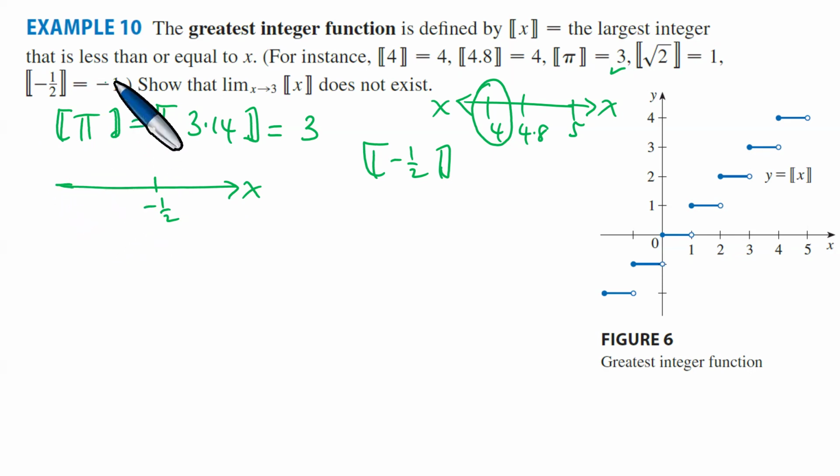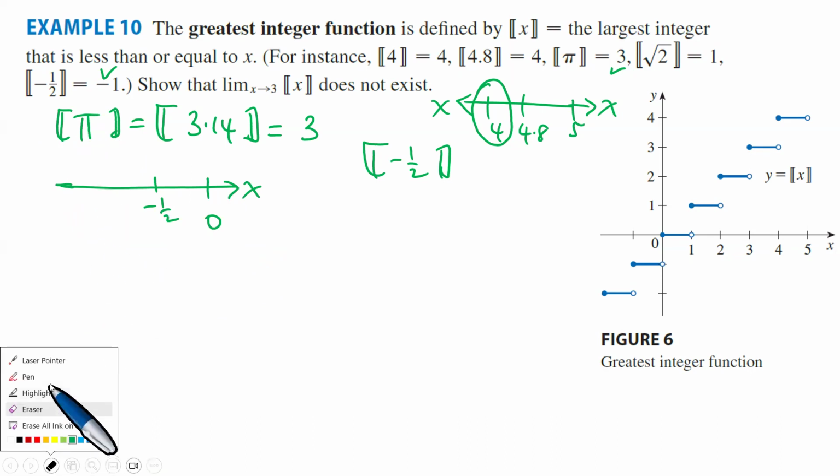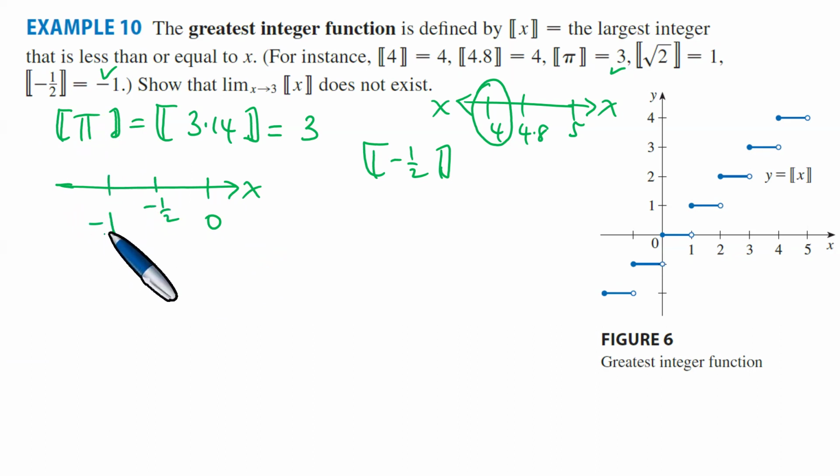It is exactly -1, because you have 0 here, for example, and you have -1 there. So the greatest integer less than or equal to -1/2 is actually -1, which is smaller than -1/2.